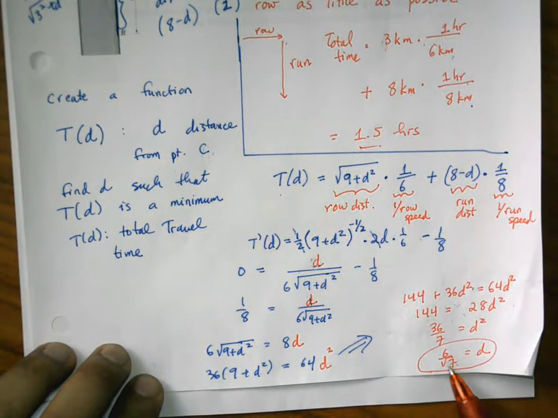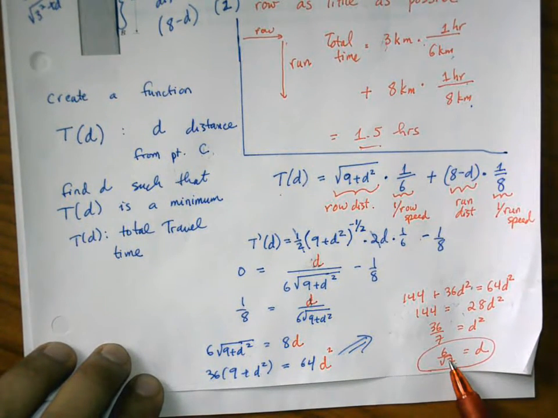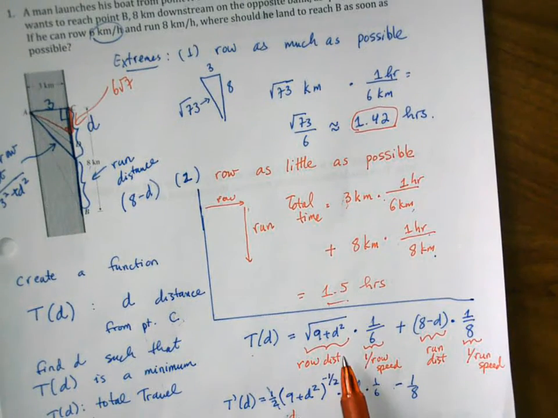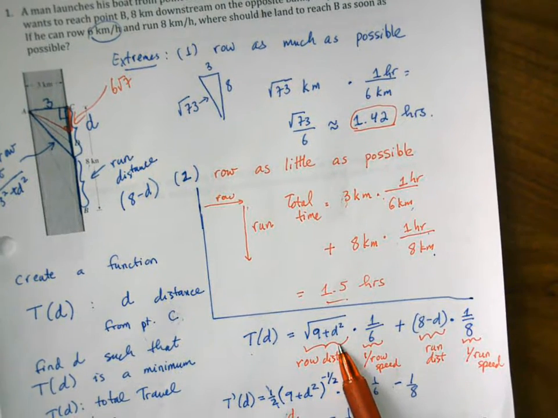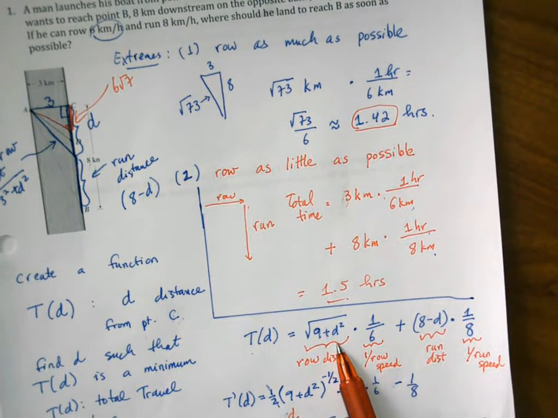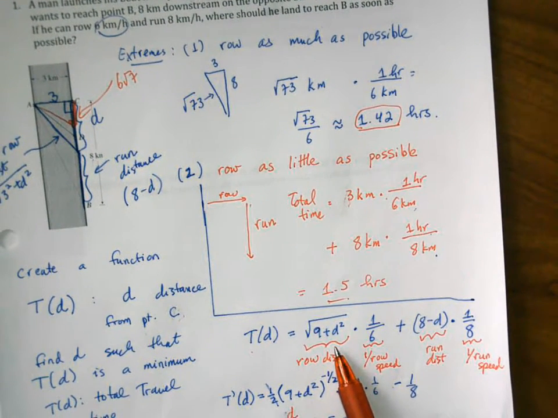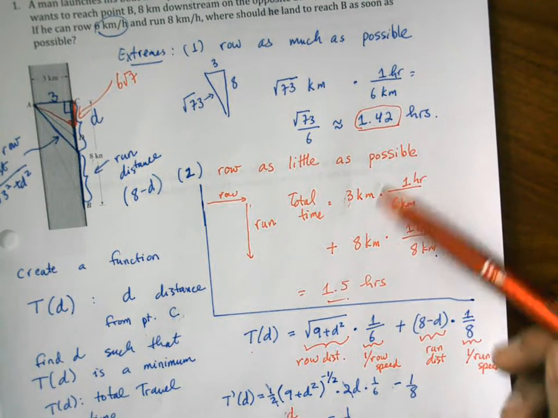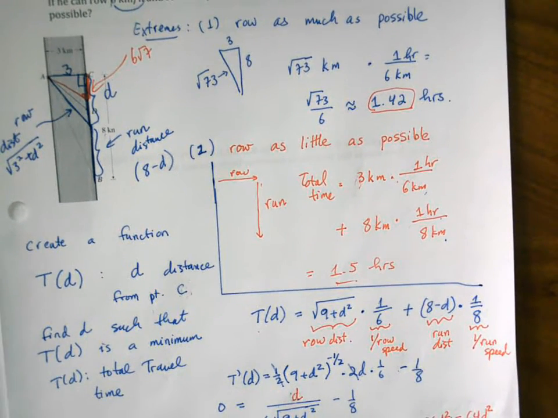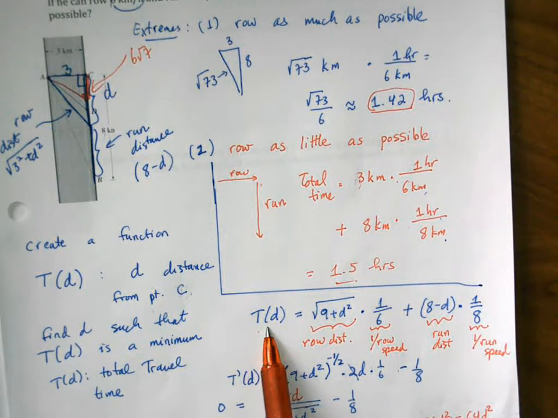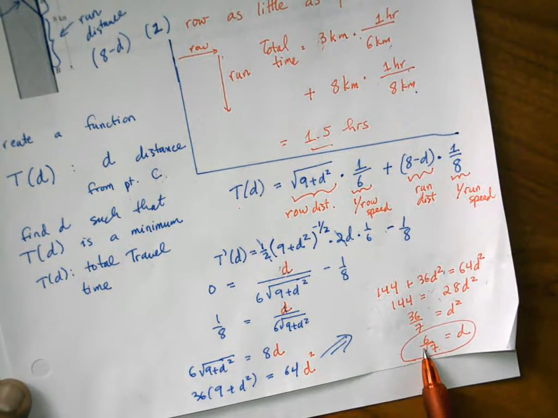And in fact, if we were to take 6 over root 7 and plug it back into this function, we'll be able to see that the result is in fact smaller than either one of these numbers. Okay. And here we actually don't care what the time actually is, other than to check our answer. We just care that the point where we need to row to is in fact equal to d. Okay.